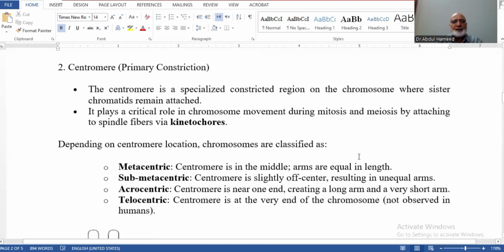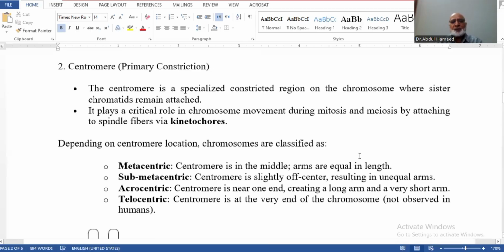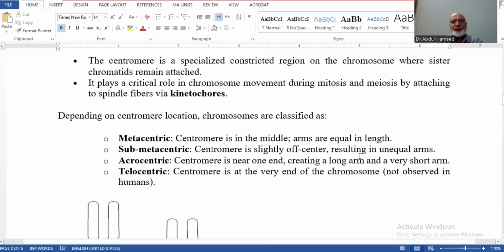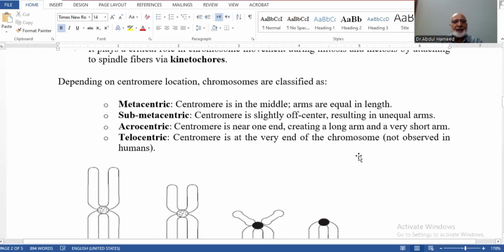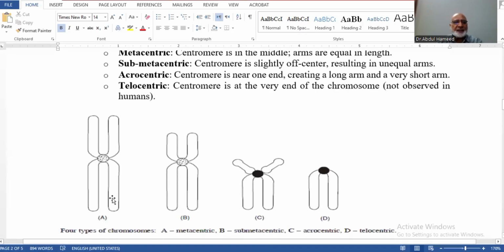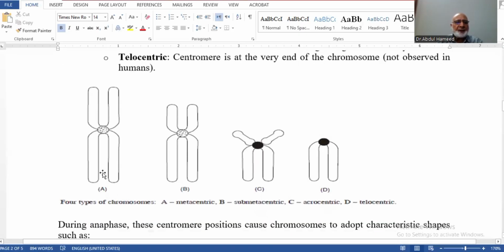Depending on the centromeric location, chromosomes are classified into four categories. Number one is metacentric, when the centromere is in the center, dividing the chromatids into almost equal parts.